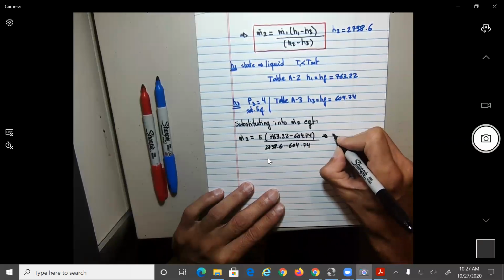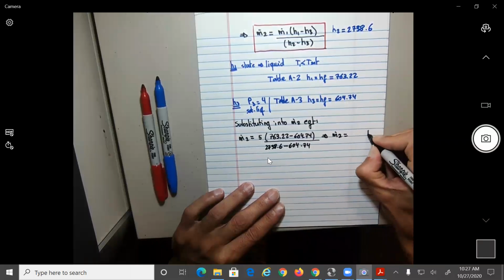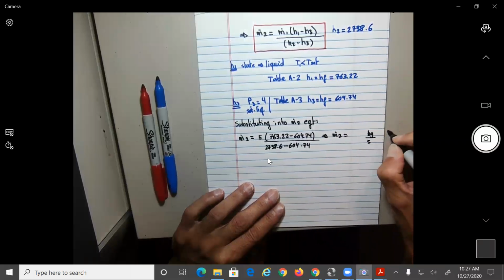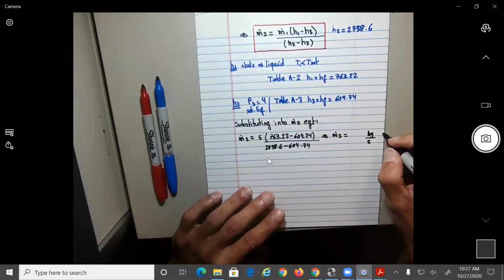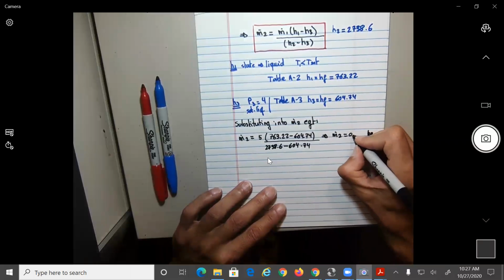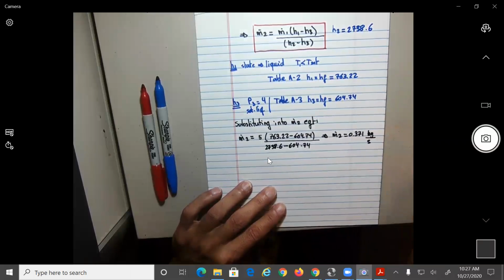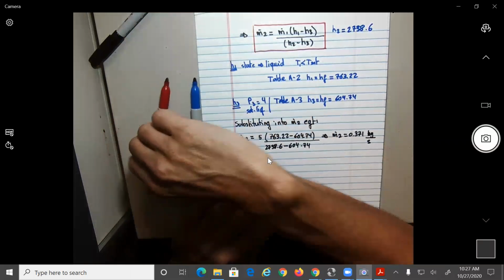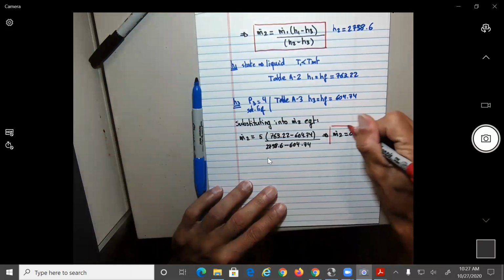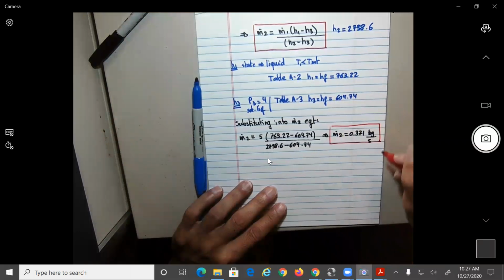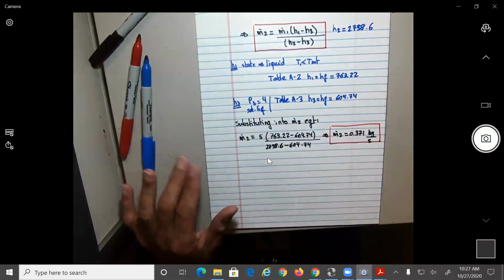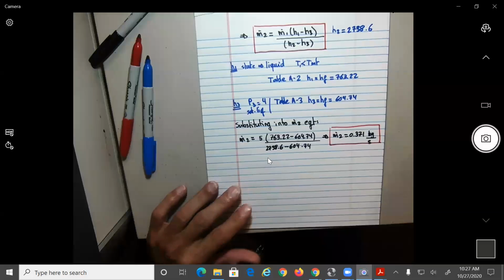And this gives you M2 to be equal to what? Is it about 0.371? Yes? Okay, 0.371 kilogram per second.